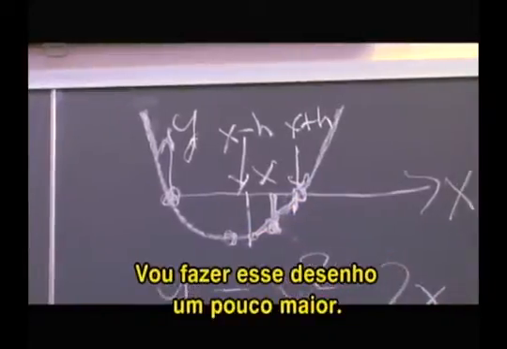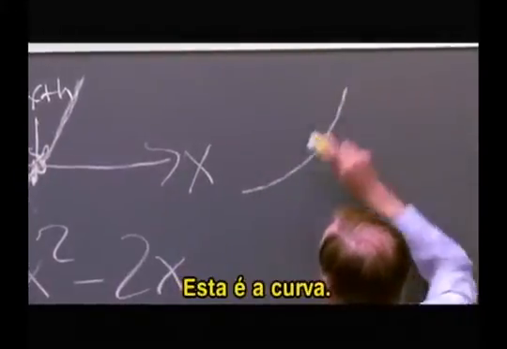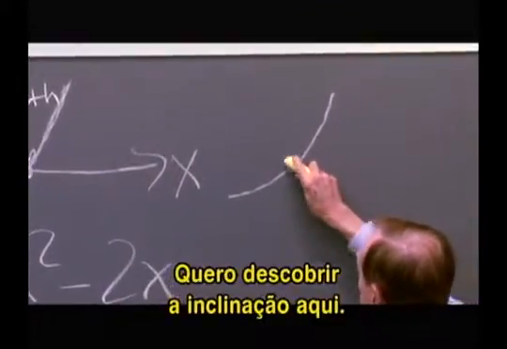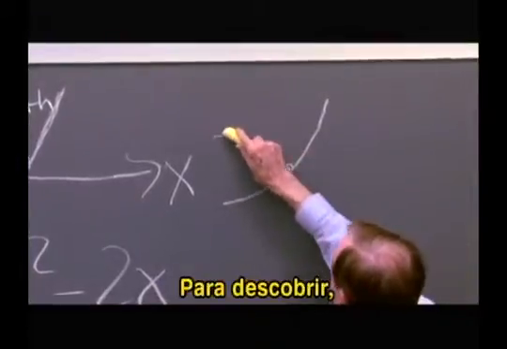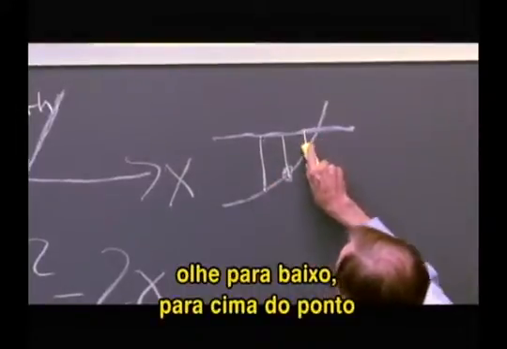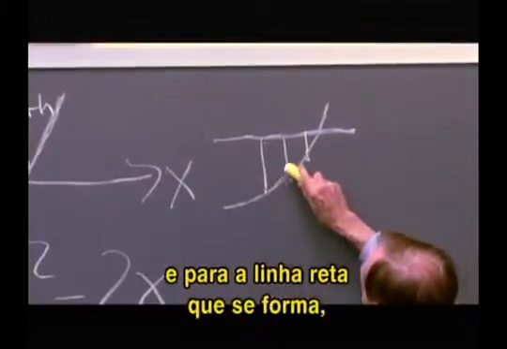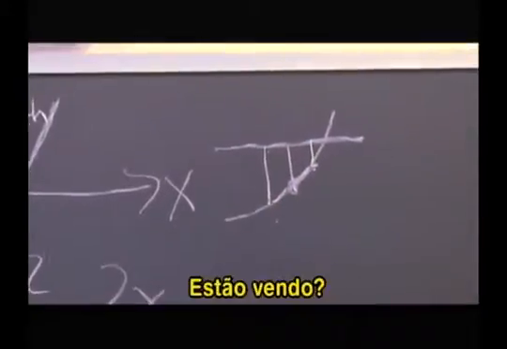Shall I draw that picture a little bigger? Here comes the changing slope. I'd like to know the slope there. What's that slope at that point? But the way to do it is look next to it, look above it, and look at the straight line that it won't go through that point. Everybody sees that?